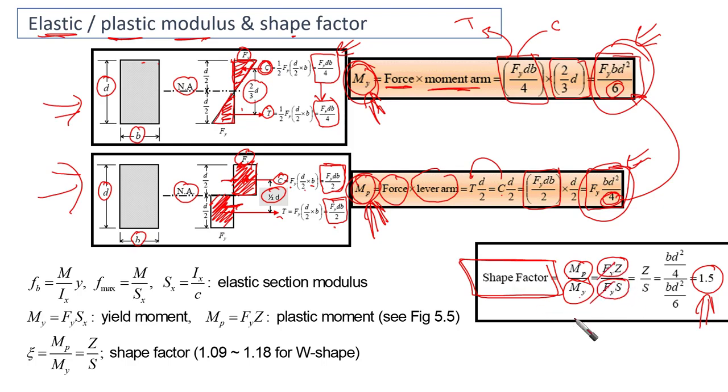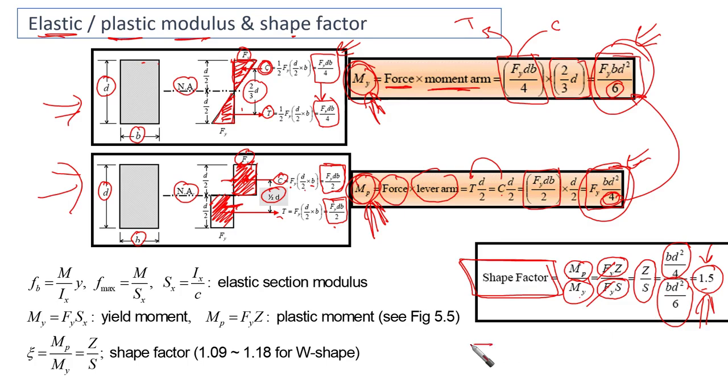F yield cancels with F yield, and we remain with Z over S. Z here is BD squared over 4, S here equals BD squared over 6, and then we end with 1.5. What is the meaning of this?